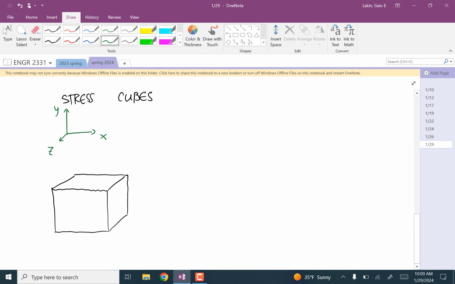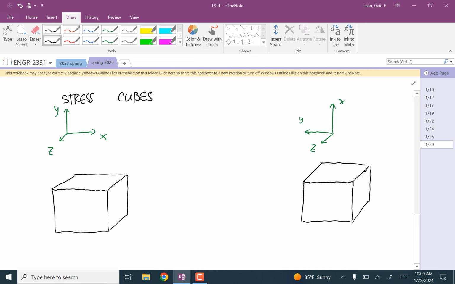And then in the new coordinate system, it's a cube that looks like it has the same orientation. It's just the names of the faces are different. Okay. So what used to be in the original coordinate system the positive x face, now that's going to be the negative y face. Are you with me?